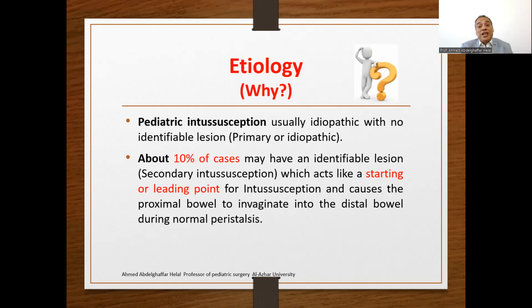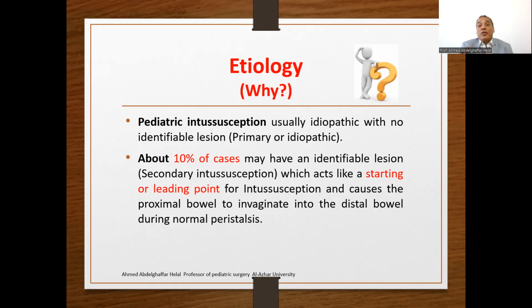About 10% of cases may have a lesion, which is called secondary intussusception. This lesion in the bowel will act as a leading or starting point for intussusception to occur. So this lesion inside the lumen or in the wall of the bowel may be felt by the bowel as a food bolus, as a content, and the bowel tries to push it forward during peristalsis.